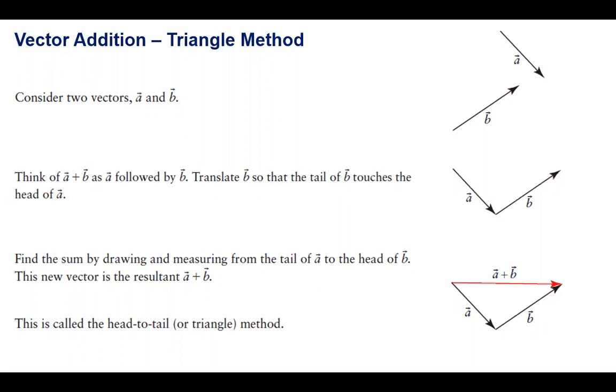Think of vector A plus vector B as A followed by vector B. We can translate vector B so that the tail of vector B touches the head of vector A. Then we can find the sum by drawing and measuring from the tail of vector A to the head of vector B. This new vector is then the resultant vector A plus B. This is called the head-to-tail or triangle method.